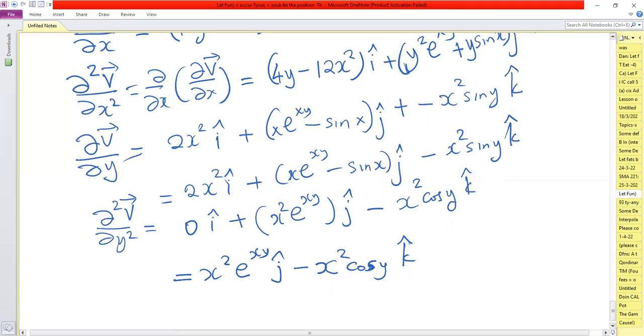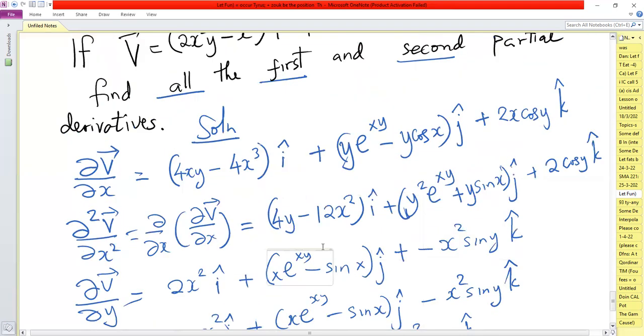Now, let's get the mixed partial derivatives.